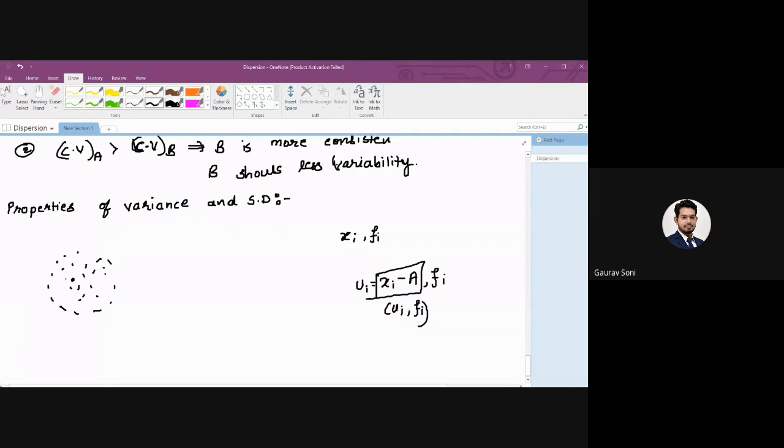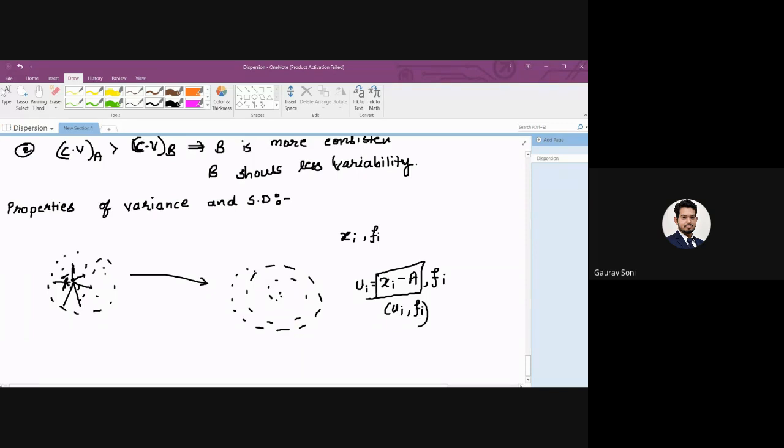So I'll call this x bar. If I'm calculating variance, you're calculating its deviation from all these values. And when I say xi minus a, I'm just shifting this. Either it will shift to the right, so the same diagram will come here like this.